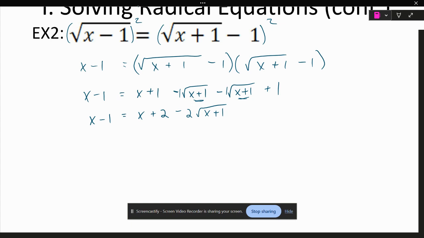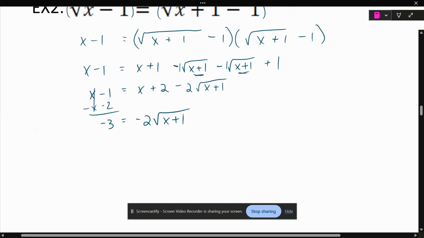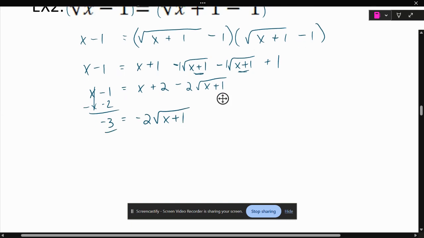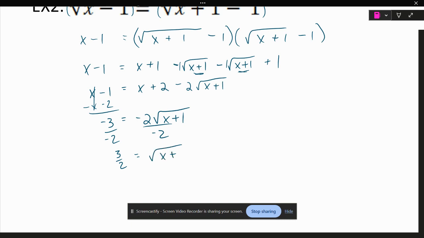So if I subtract x, that'll leave me with nothing. I'll subtract 2. I'll end up with negative 3 is equal to negative 2 root x plus 1. I'm going to divide by negative 2. 3 halves is equal to square root x plus 1.